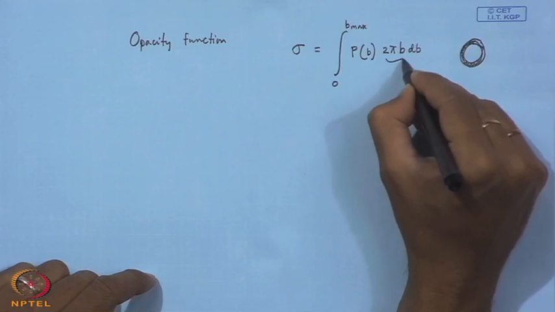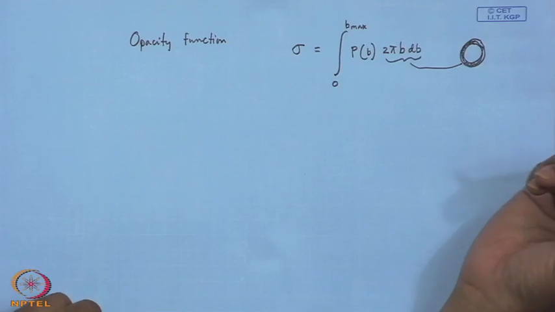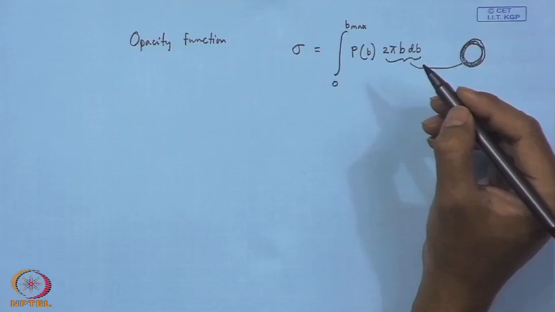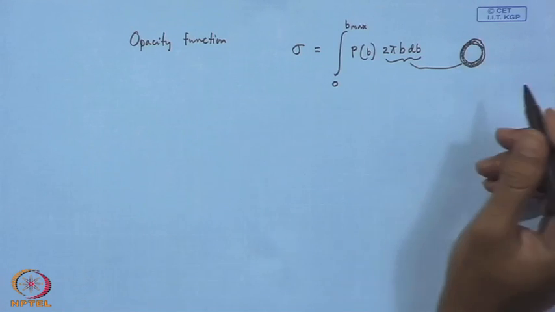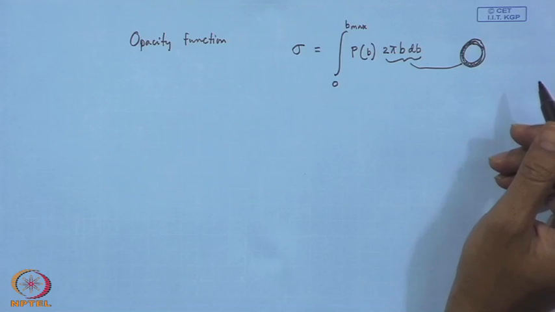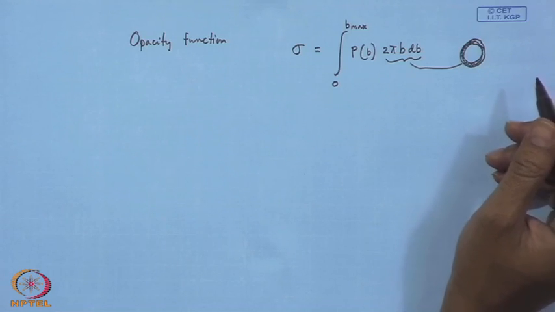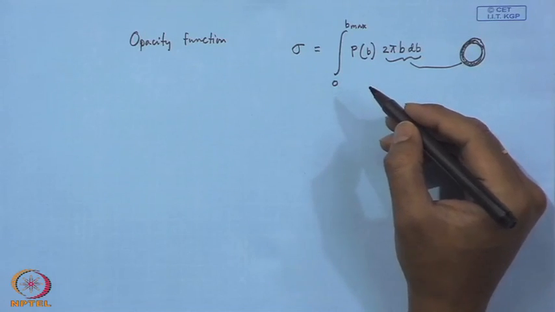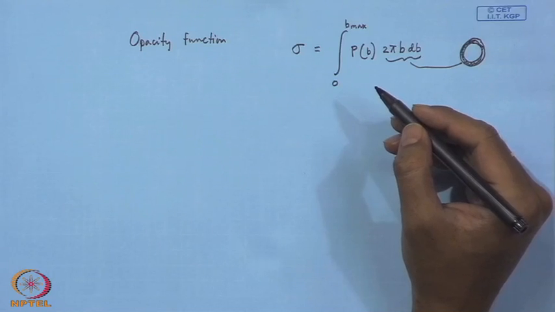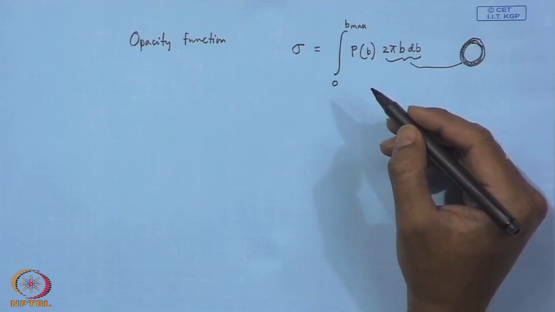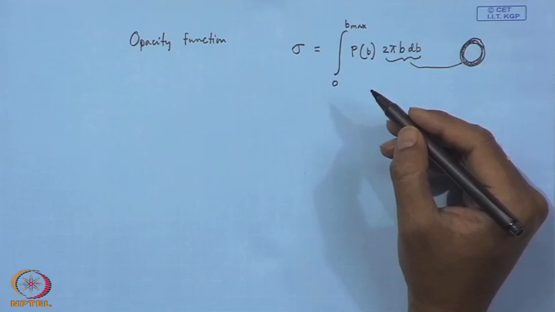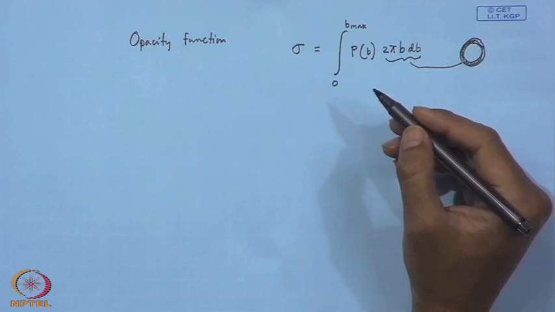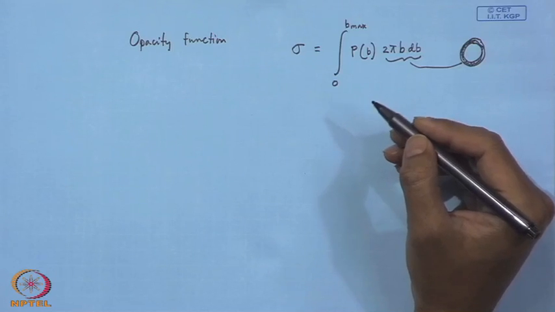Now, this reaction cross section governs the rate of those collisions that lead to a chemical reaction. It is a measure of the effective size of the molecule as determined by their ability to react. And it is necessarily smaller than the total collision cross section, which governs the rate of all collisions.